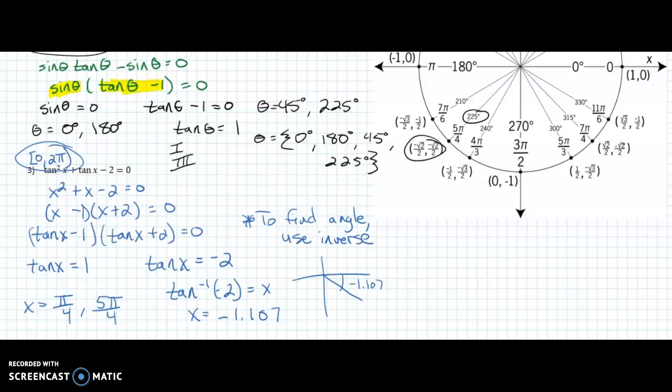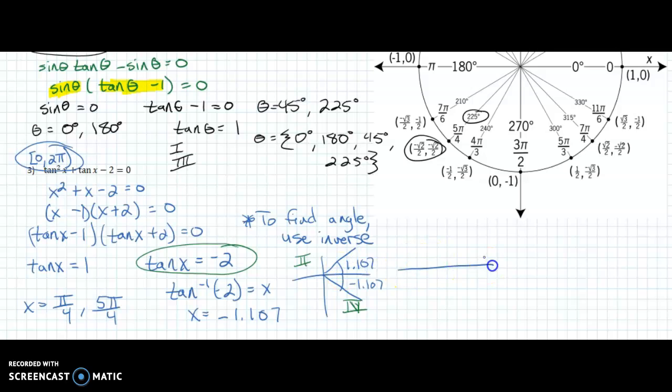What we want is for tangent to be negative. Tangent is negative in quadrants 2 and 4. So what we have found is a reference angle, but we have to move that reference angle around. So my reference angle, I can just make it positive, 1.107.